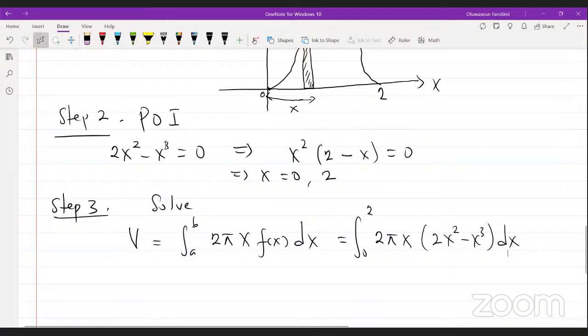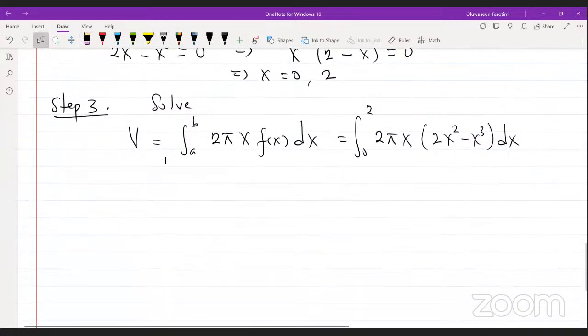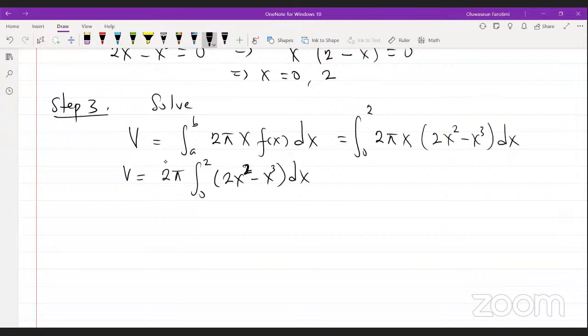And now you just solve this integral. The setup is very important. It's very important to get the correct setup. I can pull out 2 pi. I'm going to be left with the integral from 0 to 2 of 2x squared minus x cubed dx, and of course, I have x up front.